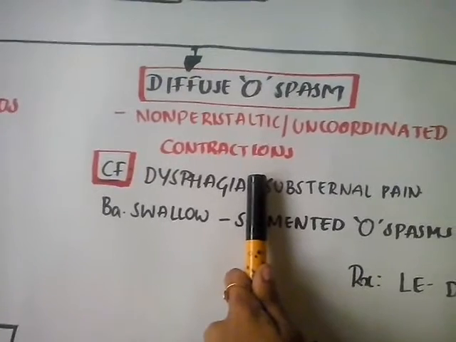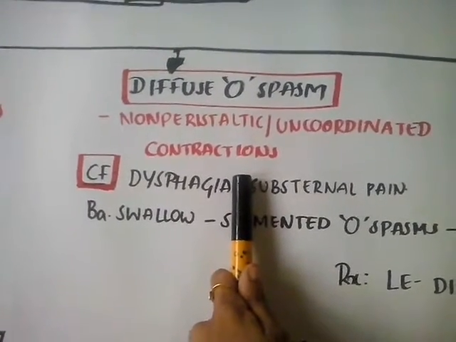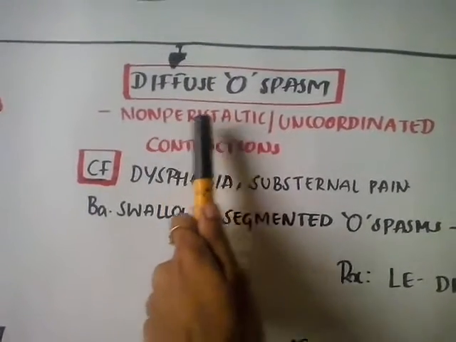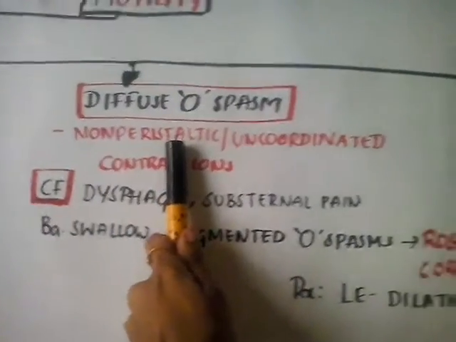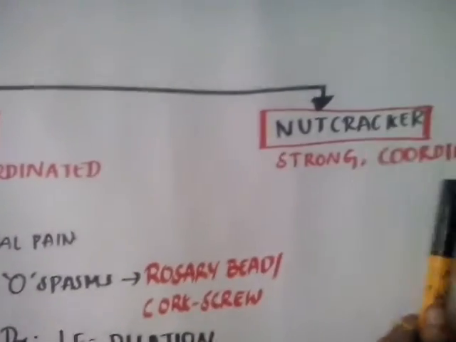Peristalsis is alternate contractions and relaxations to propel the bolus. Here there are non-peristaltic contractions. In nutcracker, there are peristaltic or coordinated but strong contractions in the body of the esophagus.